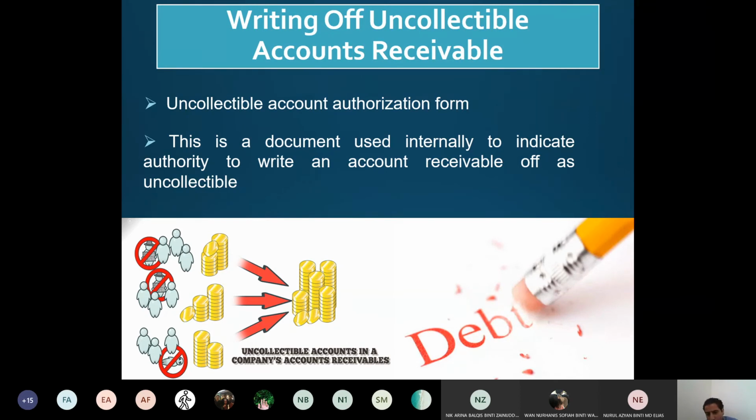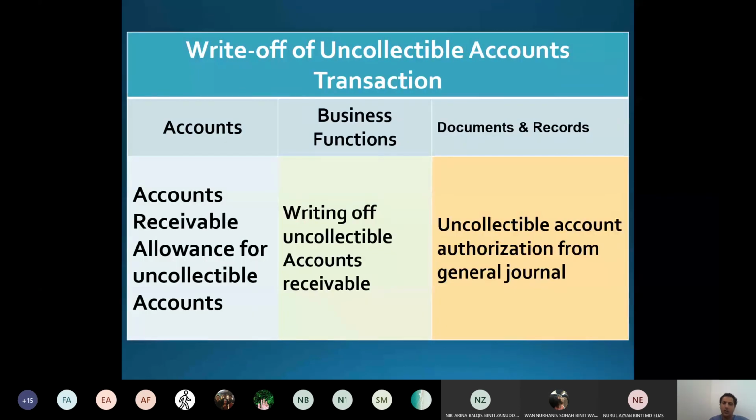So if we are planning to reduce, it should have proper documentation, an authorized form or report, suggested by, let's say, the financial manager to the board of directors. When they approve, we can write off that amount. So what is the process of writing off uncollectible account receivable? We need to have a proper authorization form, and then based on that, we will update the general journal.